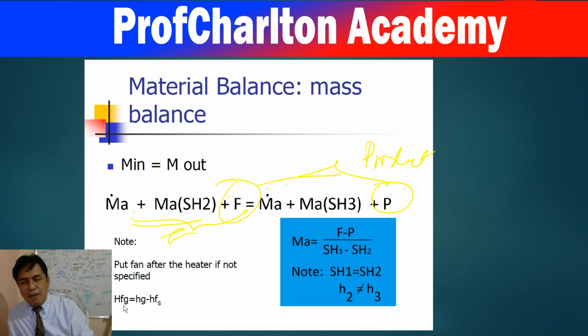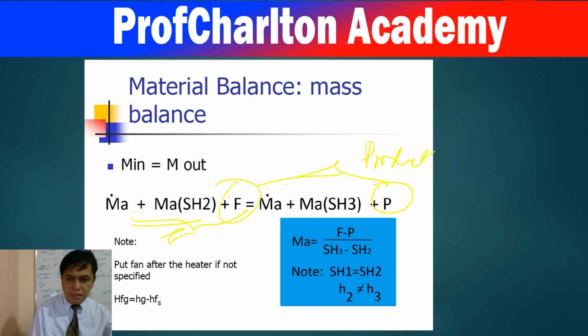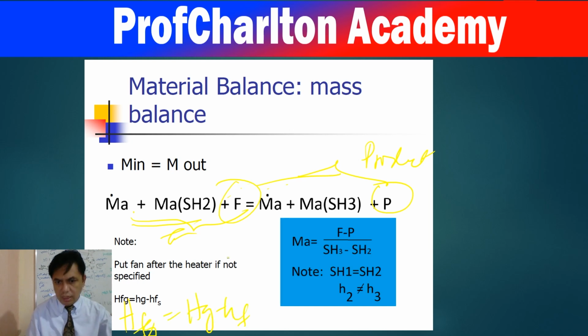HFG, meaning H sub F sub G, is a mixture of dryness and the water vapor. So you can have Hg minus Hf. The general formula is HFG equals Hg minus Hf, but H, the enthalpy at that point, is Hf plus X HFG.